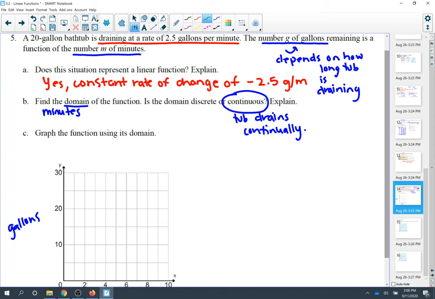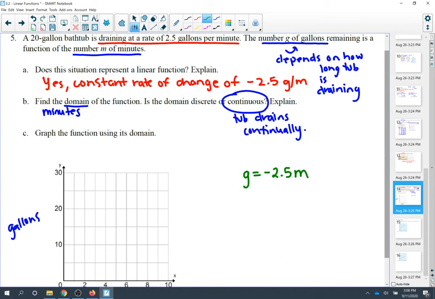Actually, before I do that, I'm going to start with the equation. The number of gallons is G. That's my dependent variable, so my G depends on what is happening with my time. We said the tub is draining at 2.5 gallons per minute, and that was negative 2.5 gallons per minute.